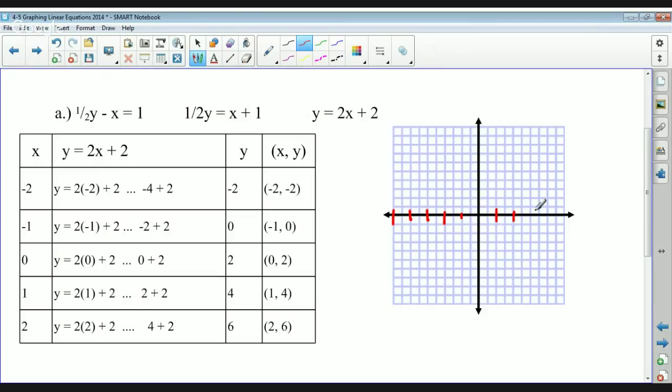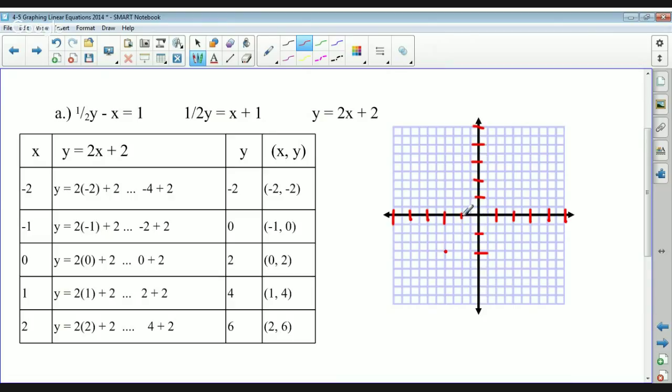Similar to what I've done before, we're just going to make every blue line that's given originally worth a half. So these red ones are worth a whole 1. Now when we get to the end, we won't be able to graph our last point. But having 4 points will be good enough to put us in the right spot. So if I go left 2 and down 2, I have my point here.